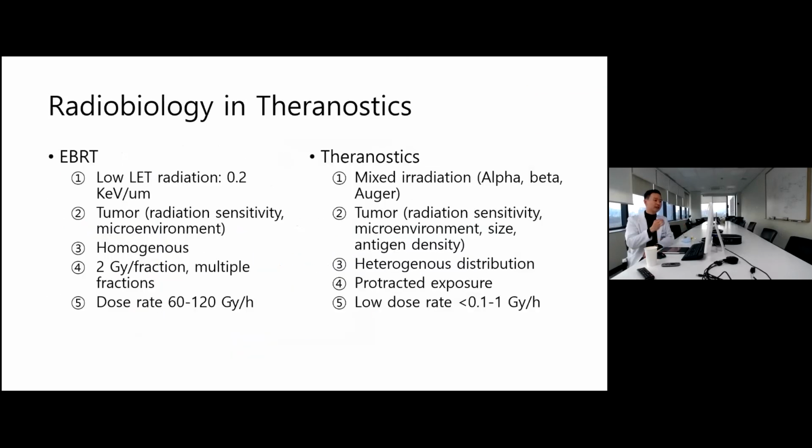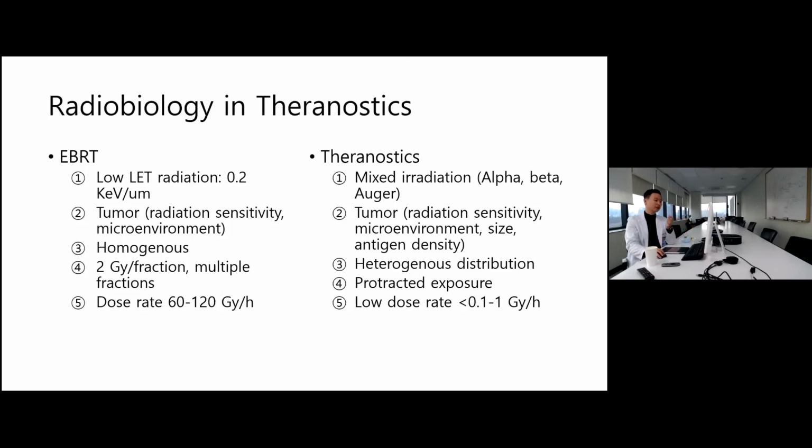And lastly, as we review the radiobiology and the radiation, most of the ideas came from radiation oncology, the EBRT, not from PRRT or what we use, theranostics. But there are some significant differences between EBRT and theranostics.